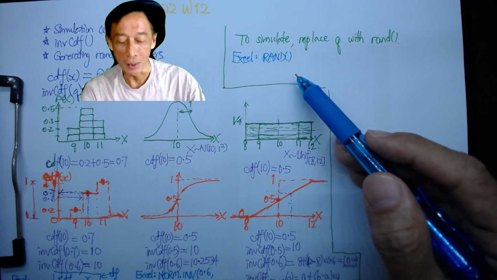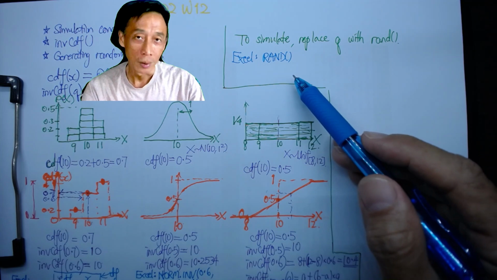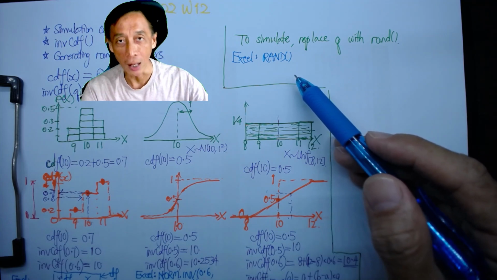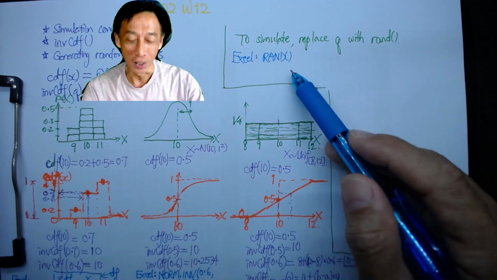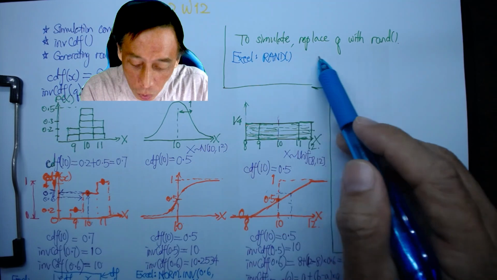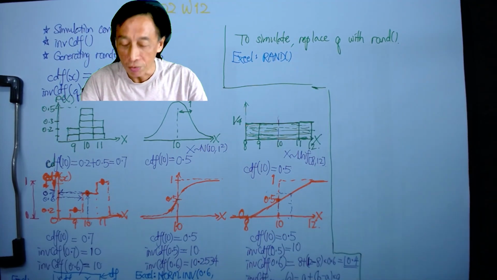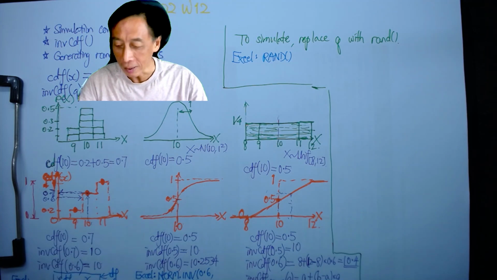Sometimes 9, sometimes 10, sometimes 11, flipping back and forth in a random fashion. Or what you can do is to copy and paste the formula across 10 or 100 rows, and you see that all the numbers are different. Right, so this is how the magic works. So replace Q with a random number generator that is found in the language. So for Excel, it is just the same spelling, rand.